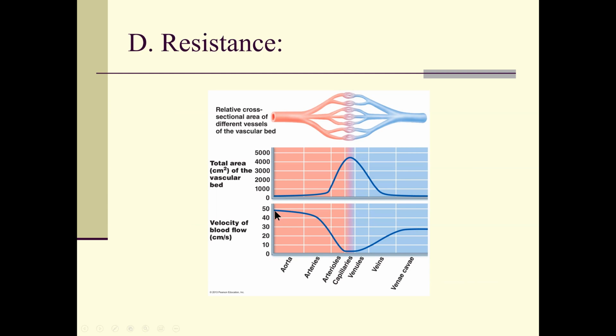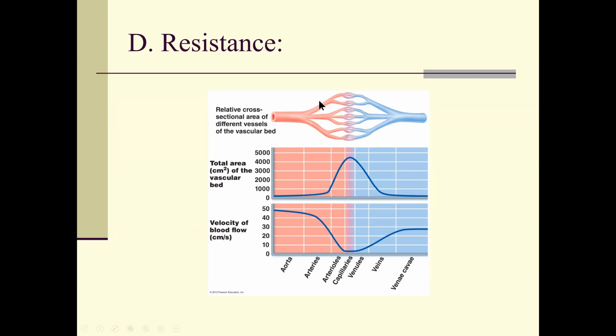But this is blood flow in centimeters per second. Okay, and so you can see blood flow decreases as we go from aorta to arteries to arterioles down to capillaries. It's the lowest in the capillaries, which has the highest surface area.